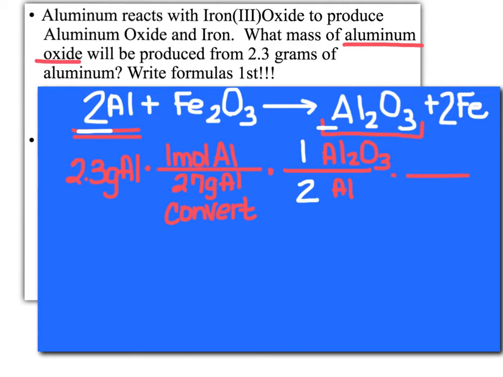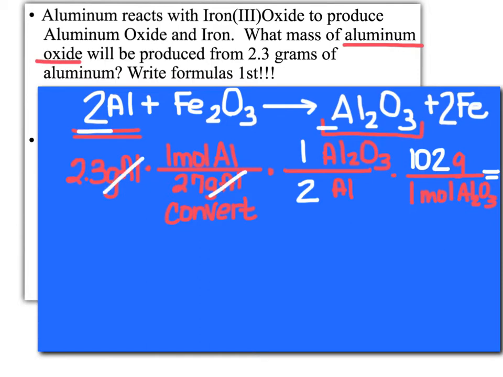If we stop there, our answer will be in moles. So our final step is that we want to convert our answer at this point to grams. So 1 mole of aluminum oxide, and we go to our periodic table, and aluminum oxide weighs 102 grams.